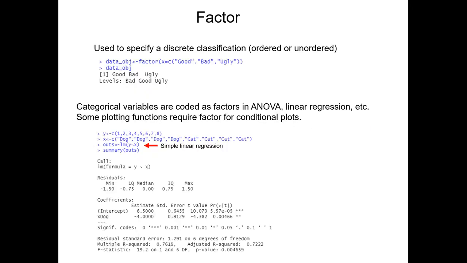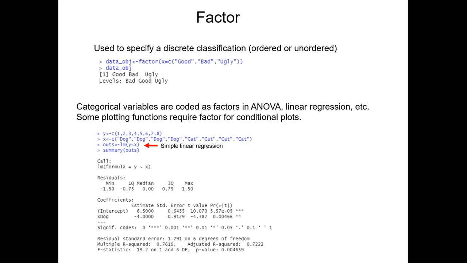And a factor. So a factor is really taking a categorical variable and coding it so that R knows that it's a categorical variable, and you can use that information in, like, a linear regression for doing analyses on categorical stuff. So in the example above, within the function factor, I created a vector X that has the 3 words good, bad, and the ugly, if you're a Clint Eastwood movie fan.